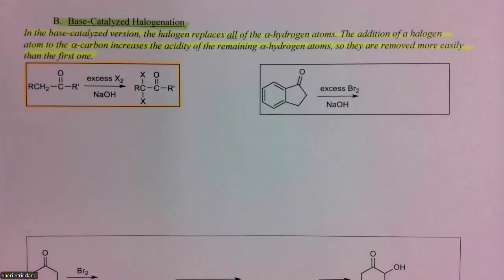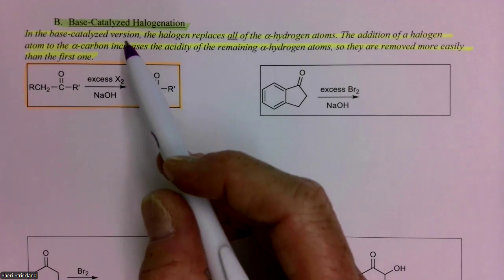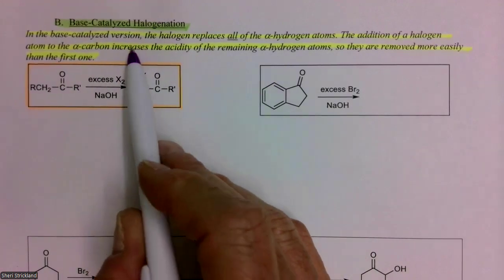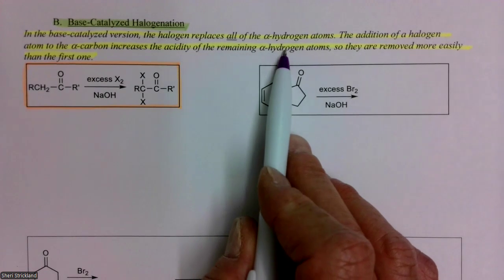So we've looked at the acid-catalyzed halogenation of ketones and aldehydes, and now we're going to take a look at the complementary reaction, which involves base. One of the big differences is that in the base-catalyzed version, the halogen is going to replace all of the alpha hydrogens.